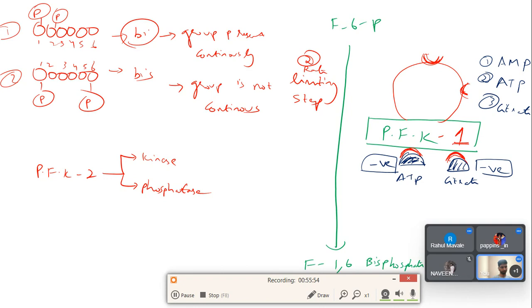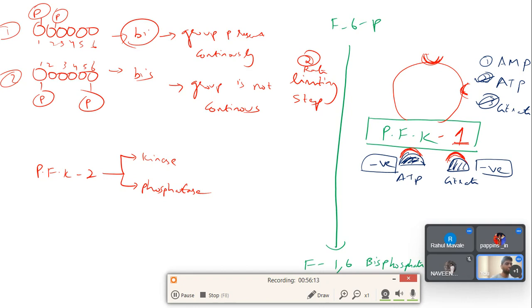Okay. Now, third, we have talked about ATP and citrate, which are negative regulators. Always remember they are the negative regulators. Now, when ATP is broken down into AMP, that means the cell has utilized almost all the energy that we had, right?